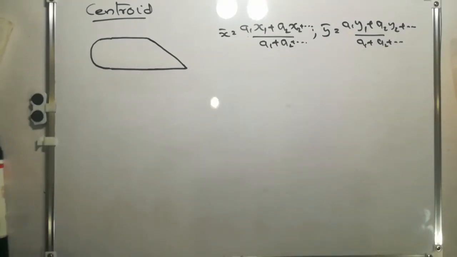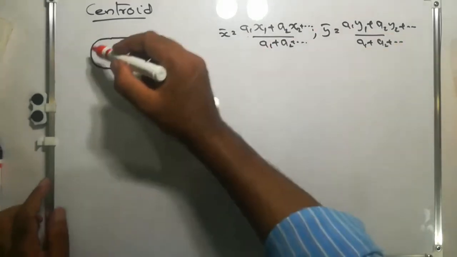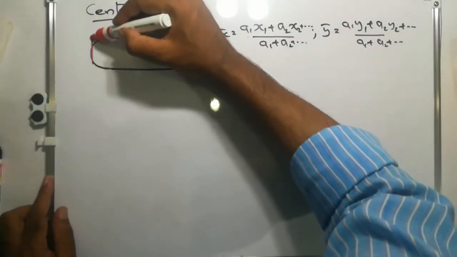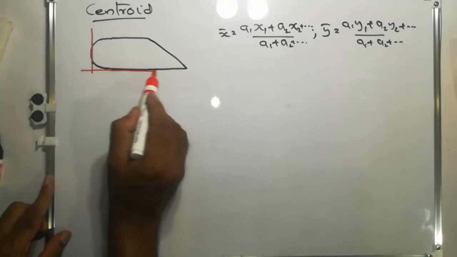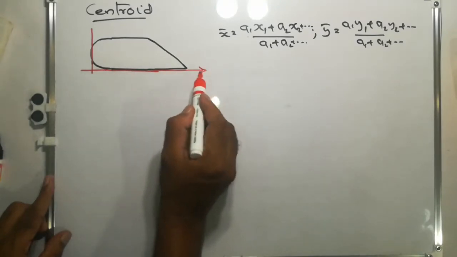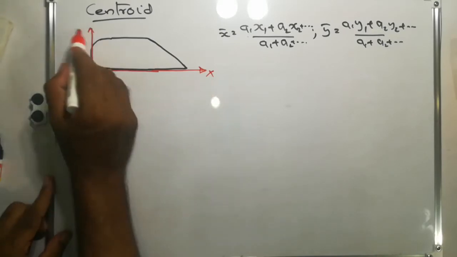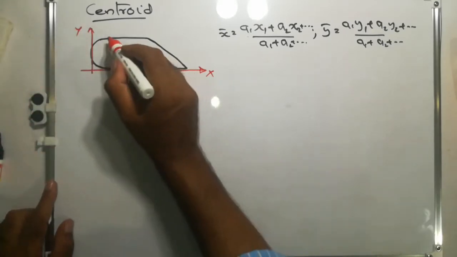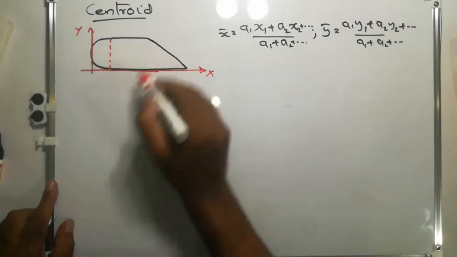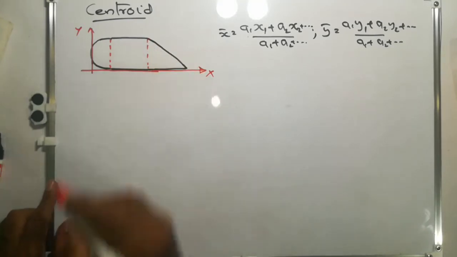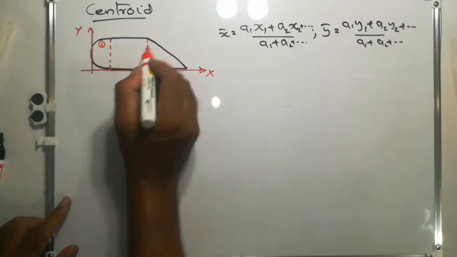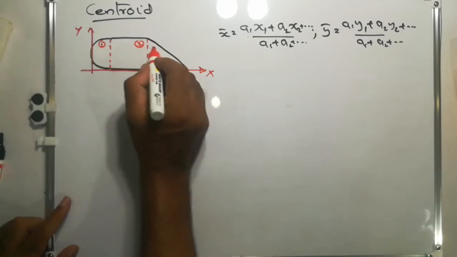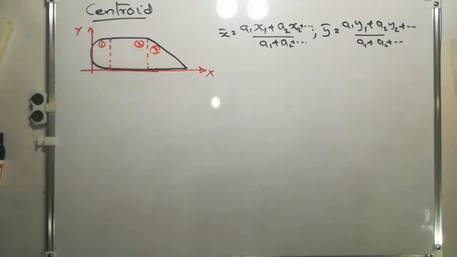So first of all, to solve this, we will draw the reference axes x and y. Then we will divide this into basic standard shapes. We can here divide it into 3 standard shapes.